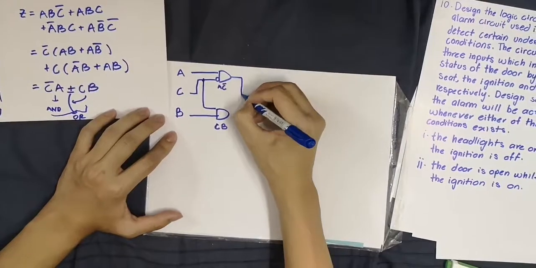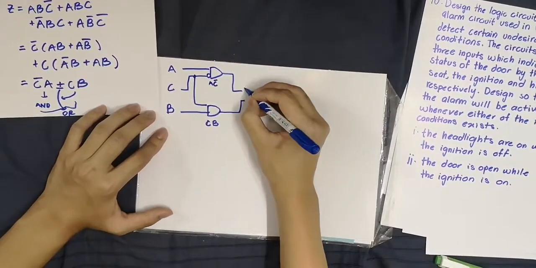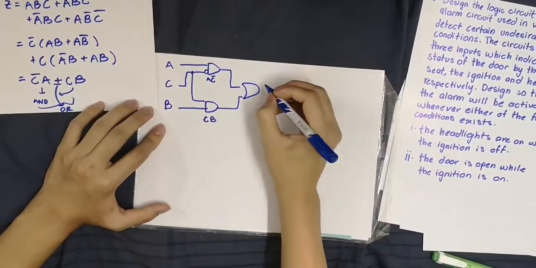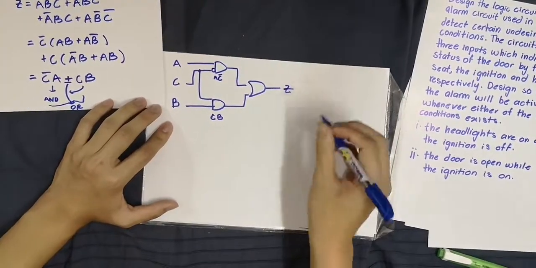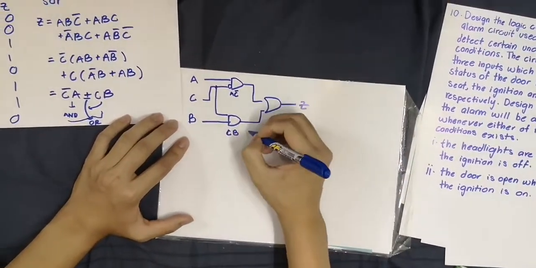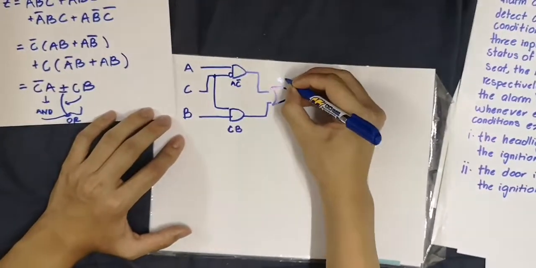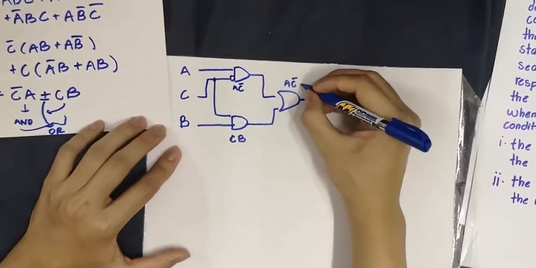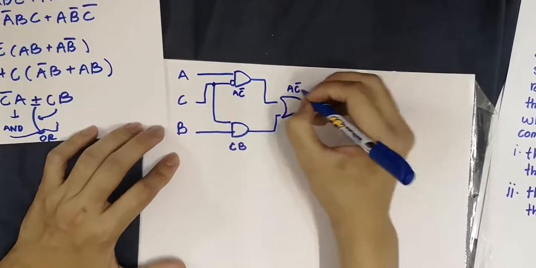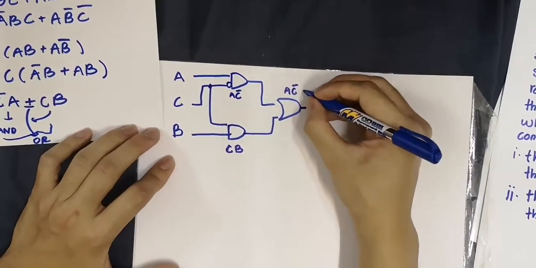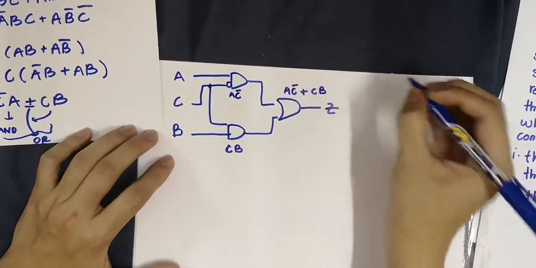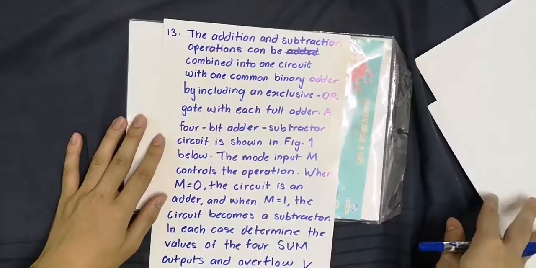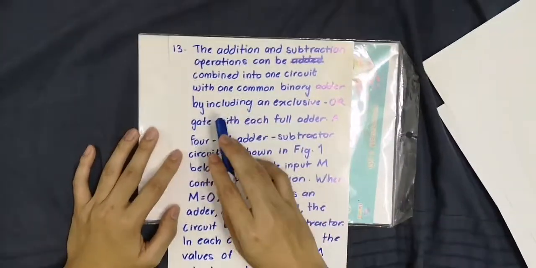Connect them both to an OR gate, and we have the logic circuit which leads to Z. Here we see the sum of the products of A and inverted C, and C and B. That's it.